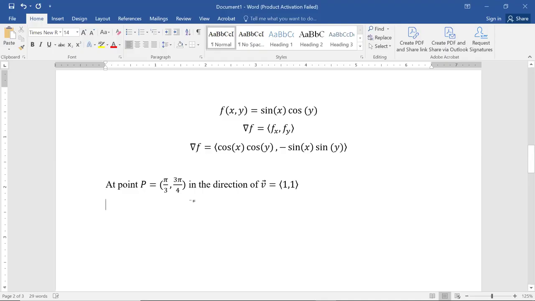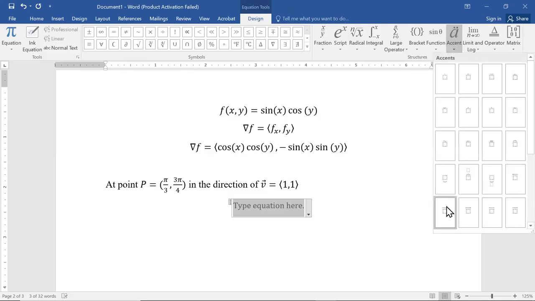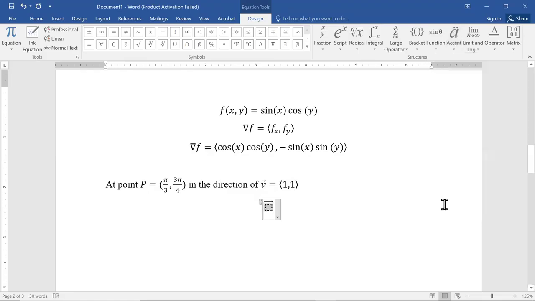Okay, so here we go. Like I said, we've already found the gradient. So the gradient is cosine x cosine y, comma, negative sine x times sine y. And we're looking at the vector 1, 1. Now, again, as always, I have to be very careful that I get the vector in the direction of 1, 1, but I need the unit vector in that direction.